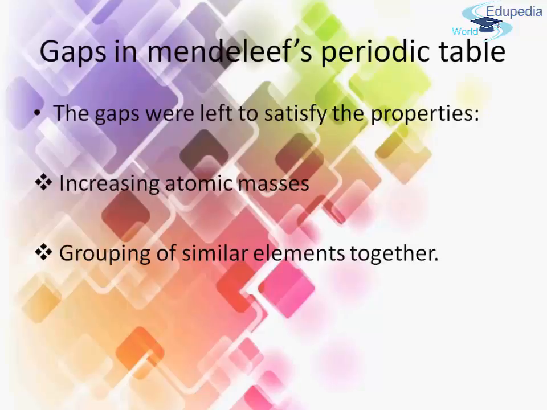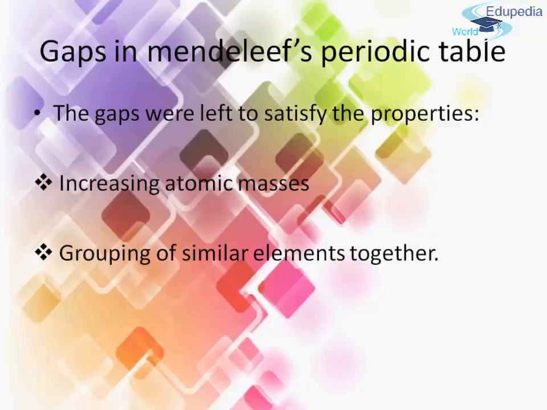In the classification of the 63 known elements, Mendeleev was guided by two factors. First, the increasing atomic masses. Second, the grouping of the similar elements together. Now, in order to make sure that the elements having similar properties fell in the same vertical column, or we can say group, he left some gaps in his periodic table.